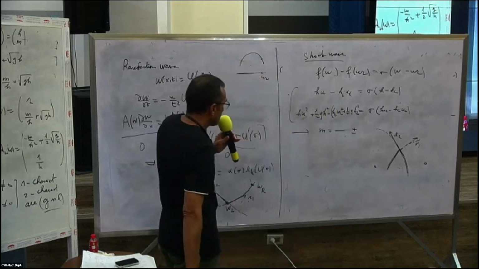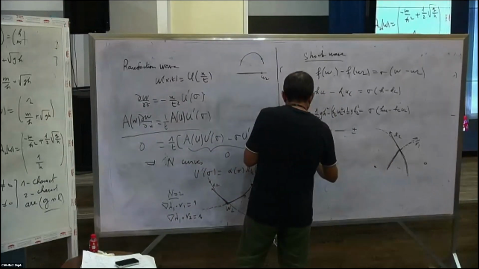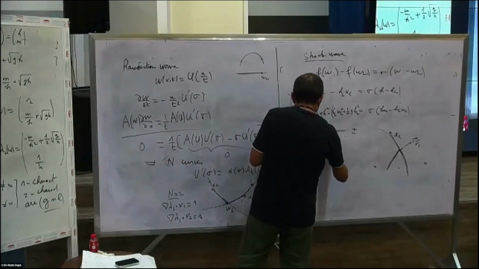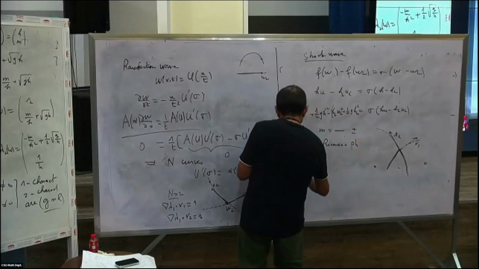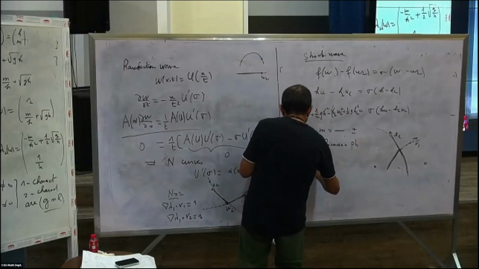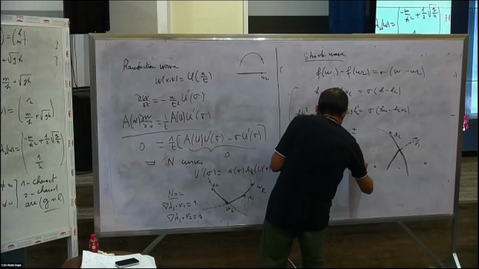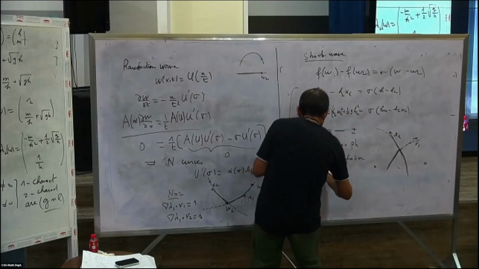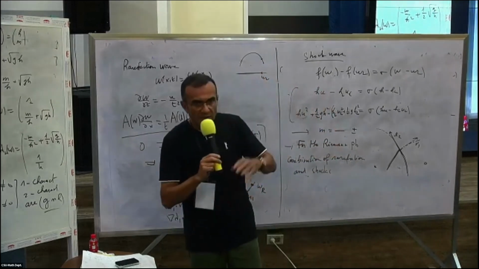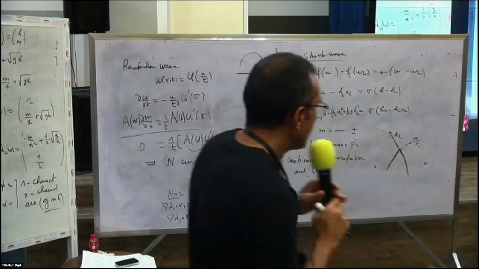So that is the combination of rarefaction and shocks for the Riemann problem. In dimension 2, you can have rarefaction plus rarefaction, rarefaction plus shock, shock plus rarefaction, or shock plus shock.